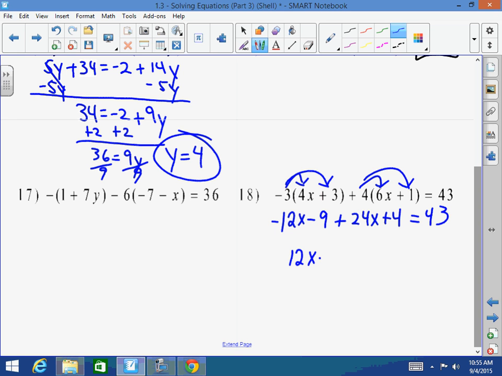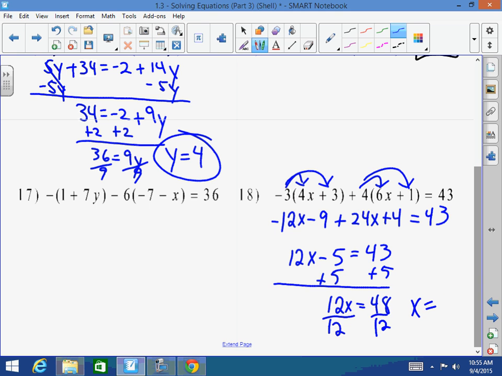Negative 9 plus 4 is negative 5 equals 43. Sir? Add 5 to both sides. That's exactly correct. So I've got 12x equals 48. And then divide by 12. And x equals 4. Fantastic.